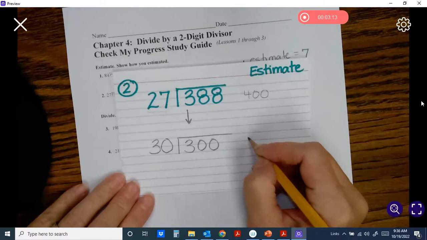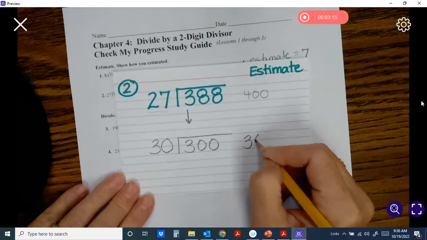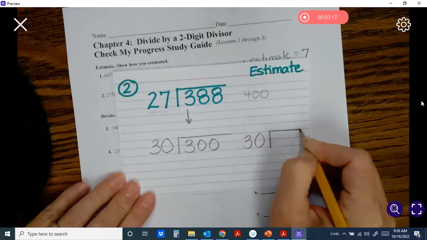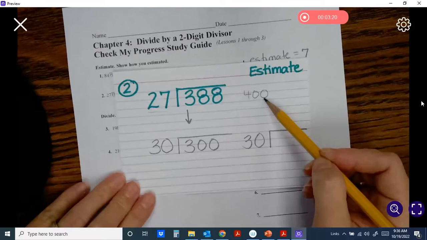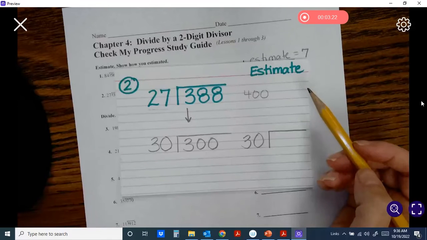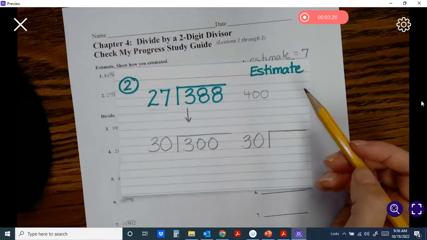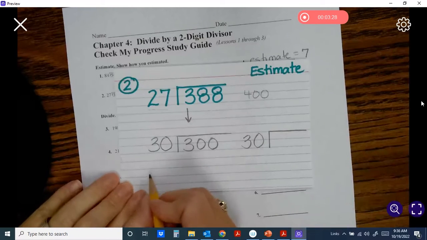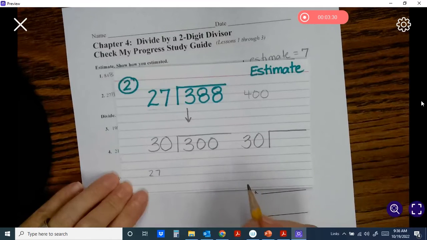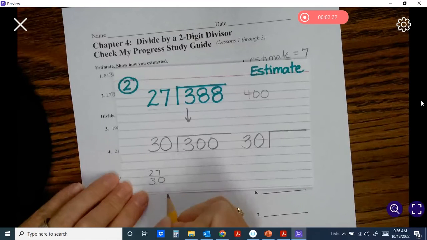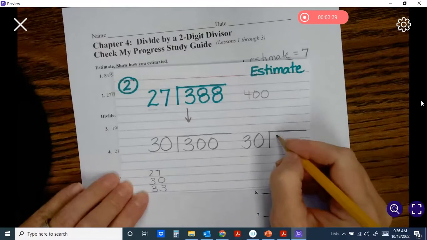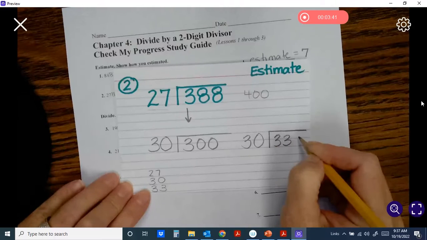I mean, I really could have 30, and now maybe I can think of another number that would be close to that. What are the multiples of 27? I have 30, I could make it 33. I could do that. Okay, I would say that would be better. 3, 3, 0.